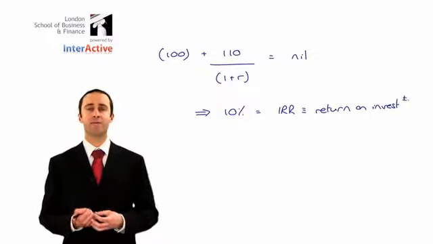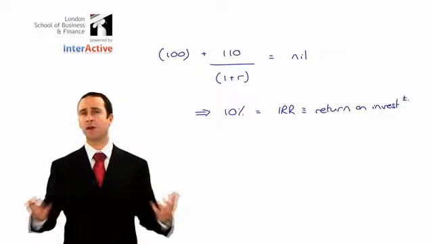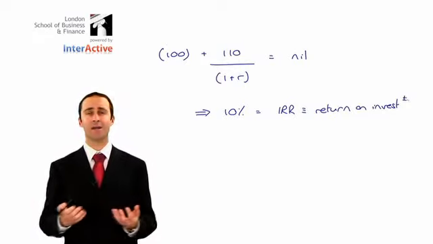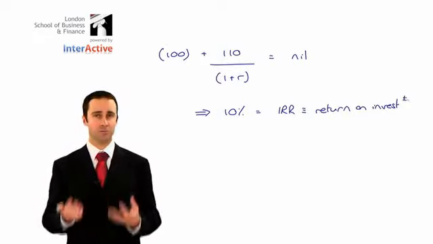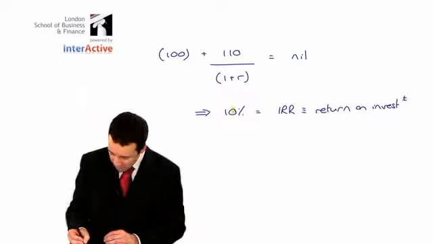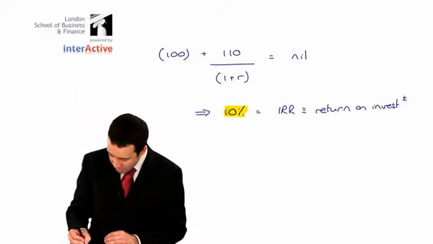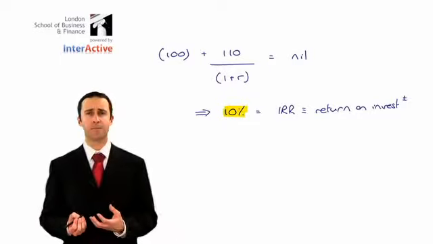We made a 10% return. We invested £100, we've got £110 back, so we've made a 10% return.